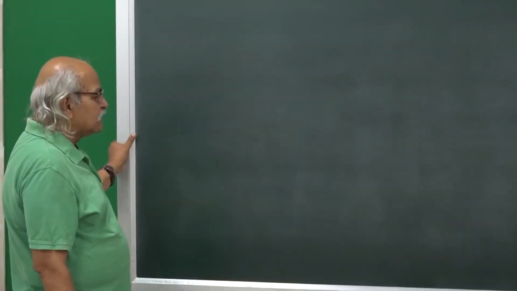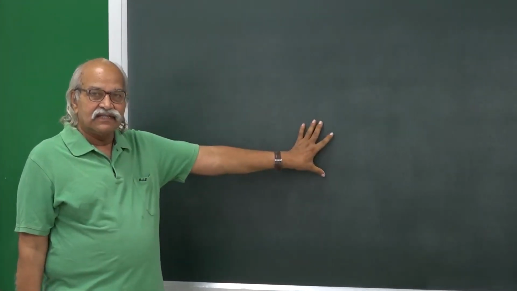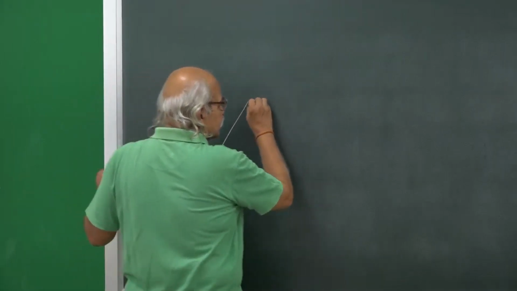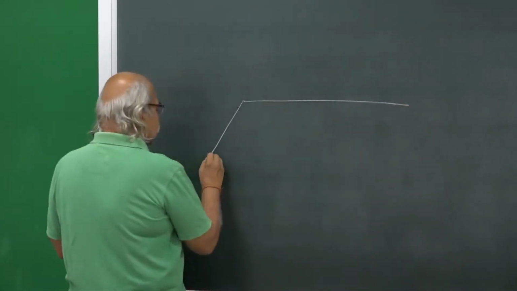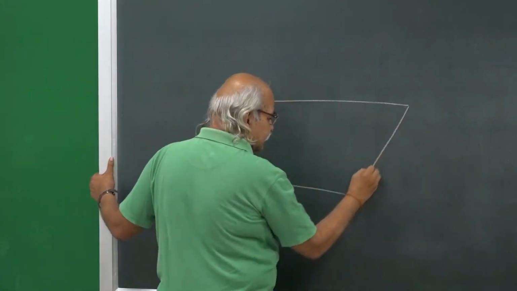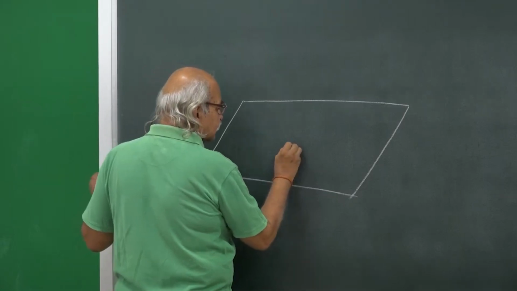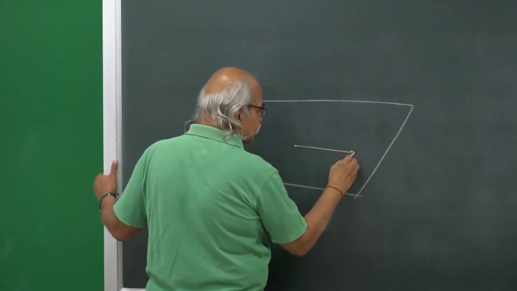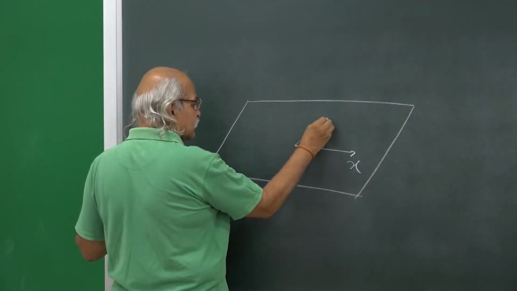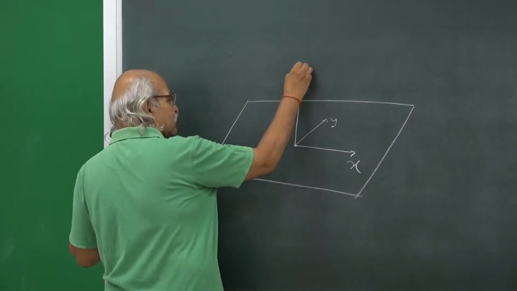Let us take a simple example where the entire surface current is in the xy plane. So, this represents a large xy plane, and in this xy plane we have x axis, y axis, and z axis.